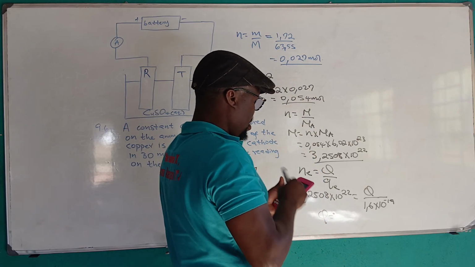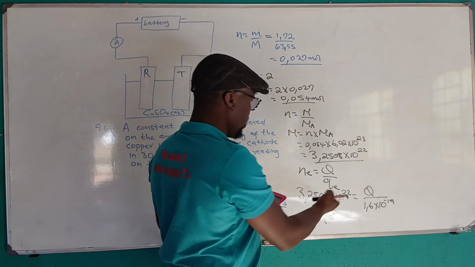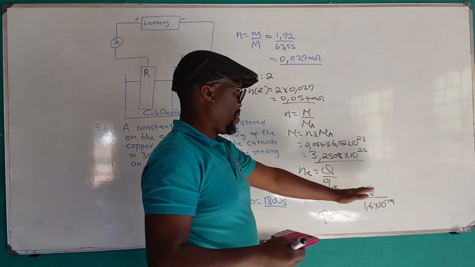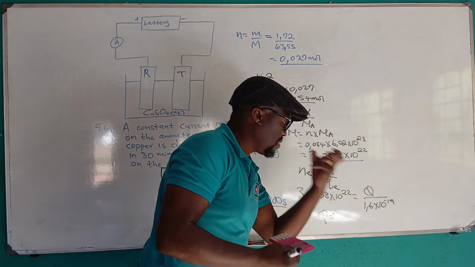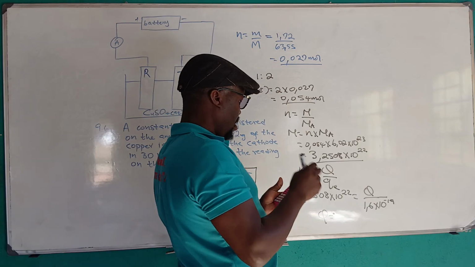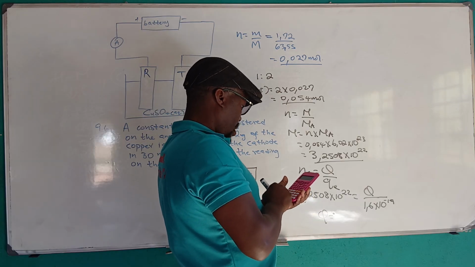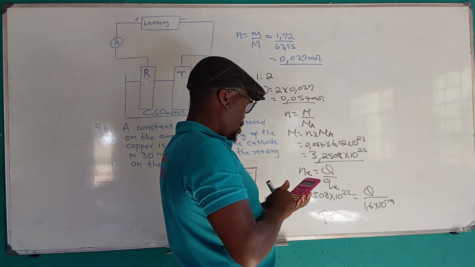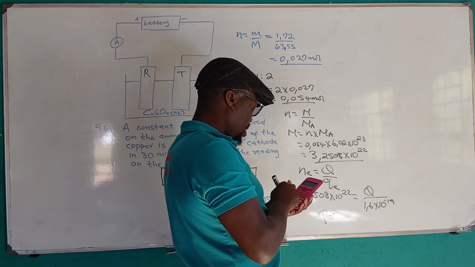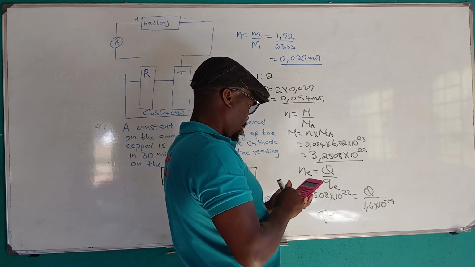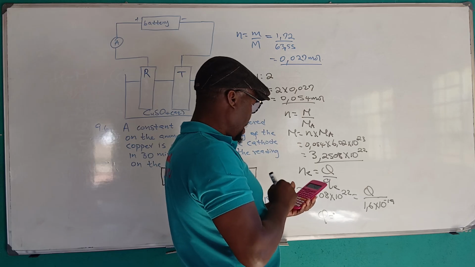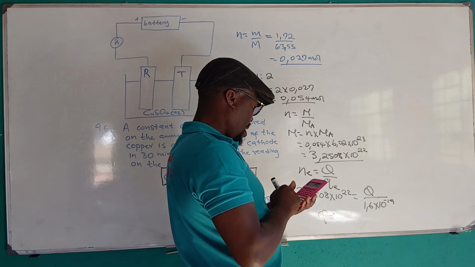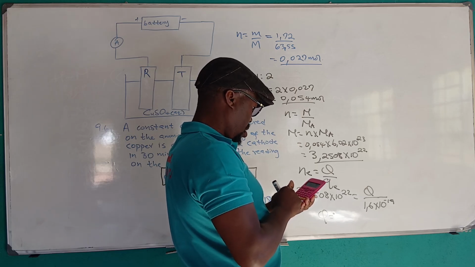Electrons have a negative charge, but we'll just use the size of the charge. So Q is 1,6 by 10 to exponent negative 19 by 3,2508 by 10 to exponent 22.